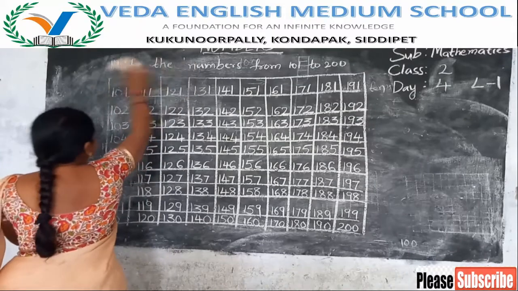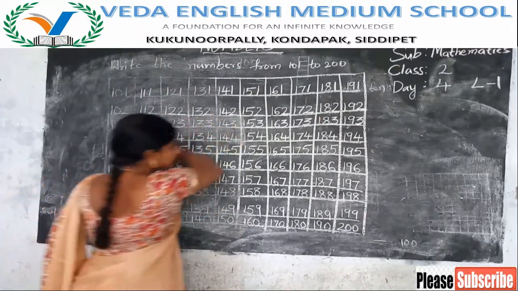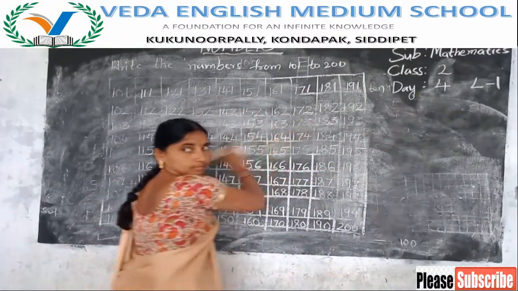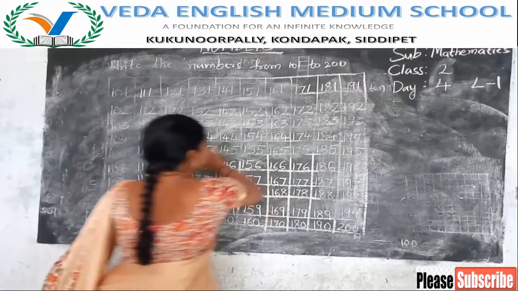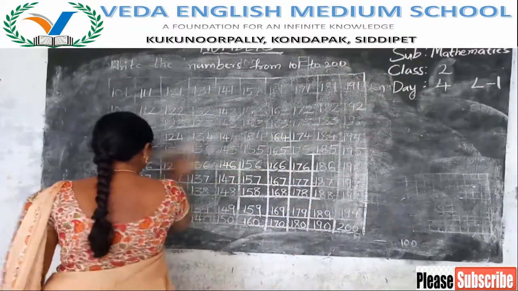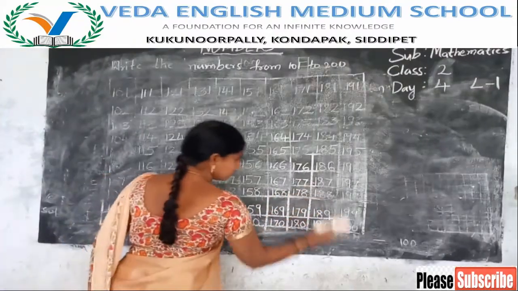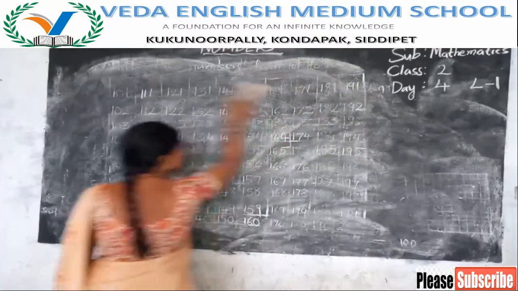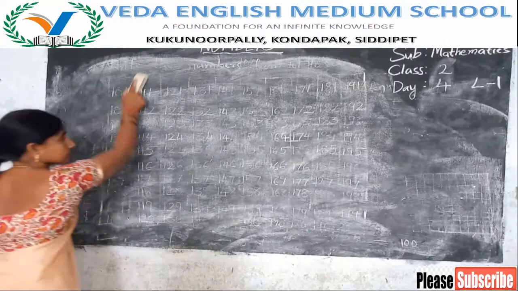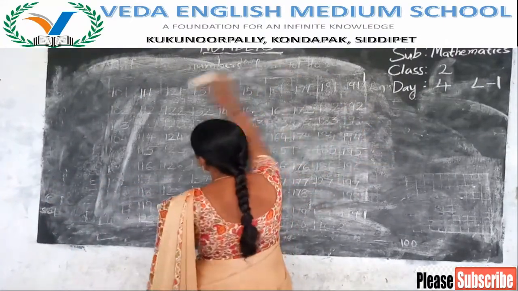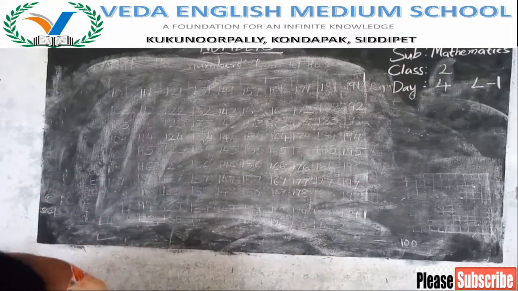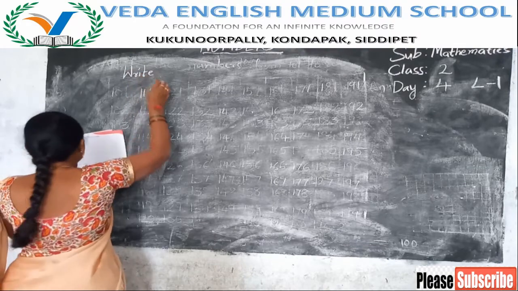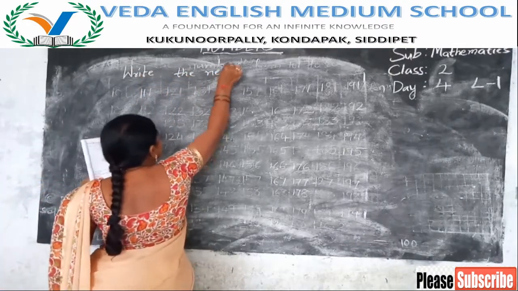Next, how to write the next numbers. Write the next 5 numbers.